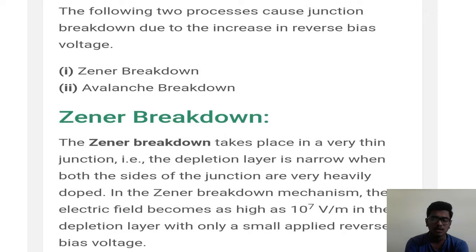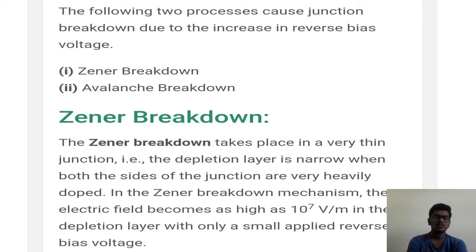In the Zener breakdown mechanism, the electric field becomes as high as 10 to the power of 7 V/m in the depletion layer with only a small applied reverse bias voltage.